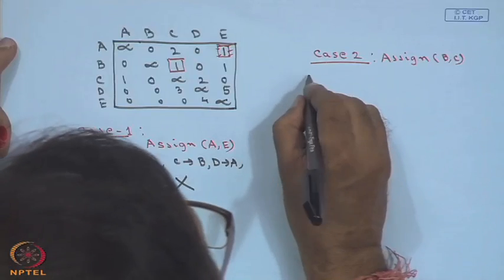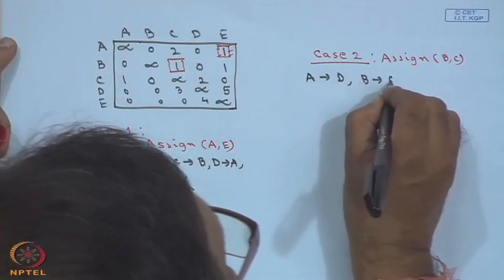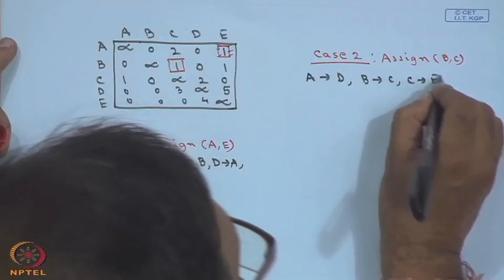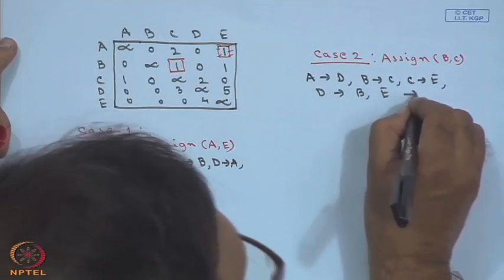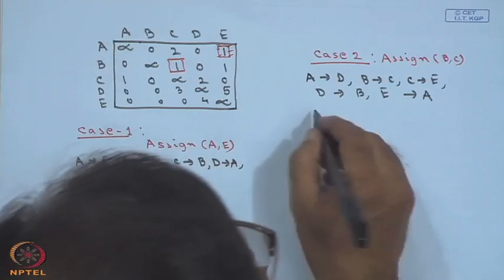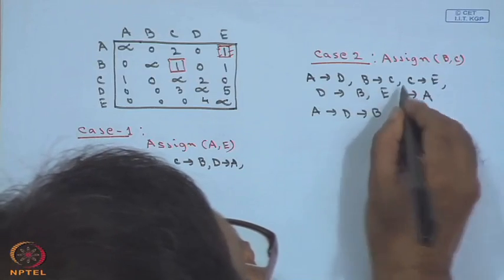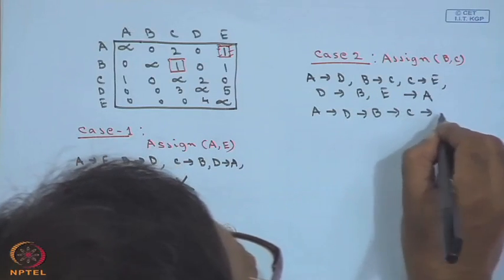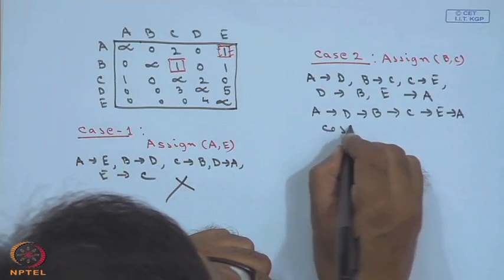If you do like this, your assignment will be A to D, B to C, C to E, D to B, E to A. Here you see you have covered all the elements, all the cities: A to D, then D to B, B to C, C to E and again you are coming back to A, and the cost is 16.